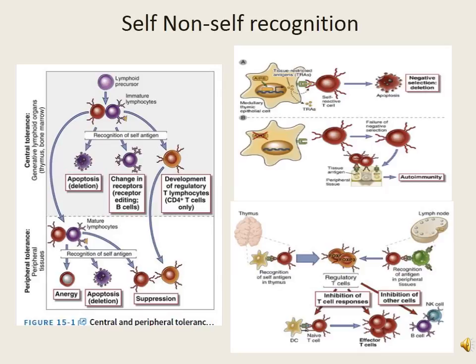That is the gene that controls the expression of self protein in the thymus during T cell development. So the developing or immature T cell will undergo negative selection when it interacts with this self protein.